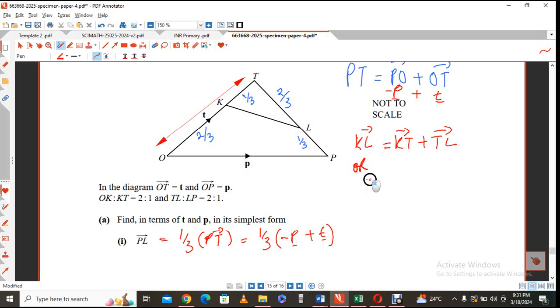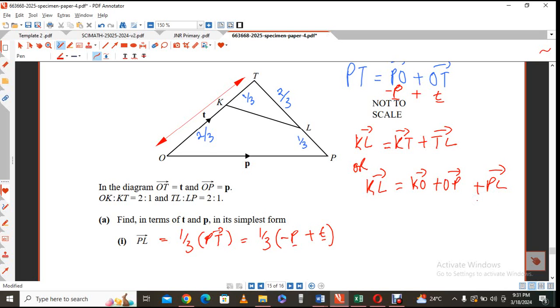Or you can say KL going from K to L is the same as going KO, which is along down here, plus OP, which is this direction here, plus PL. The reason why I'm choosing this one is because I somehow know already from my previous answer what PL is.